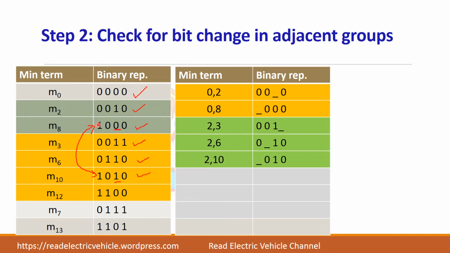Next we will compare M8 and M10. M10, again one bit change is possible, so you are writing it here 8 comma 10 and its equivalent binary value. Next we are comparing 8 comma 12 and write it.